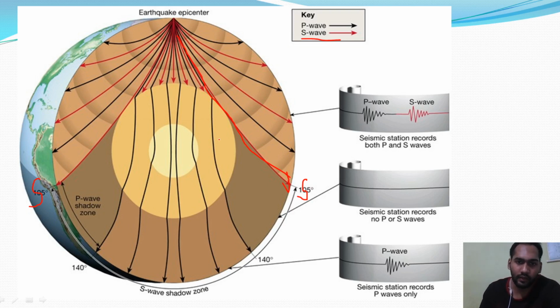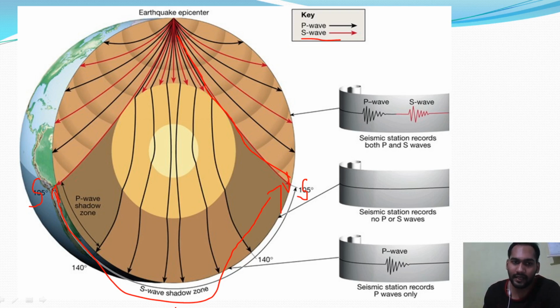So the region in which the direct S wave is missing, you can see in this region the S wave cannot reach here as direct S, right? In this region we cannot get direct S wave. This is known as the S wave shadow zone, where we will not get direct S wave.